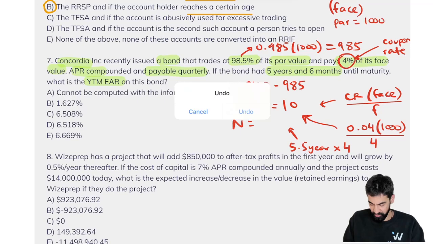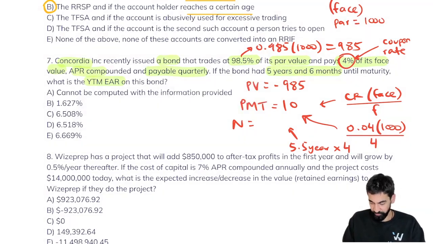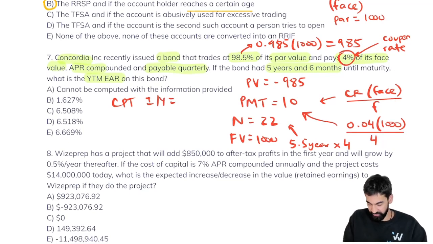So that would be 22 total payments that the bond is going to pay in 5.5 years. What is the FV? That's the future value or face value, which you're assuming is 1,000 if they don't give it to you. And now you can compute I/Y. So let's pull up the financial calculator.